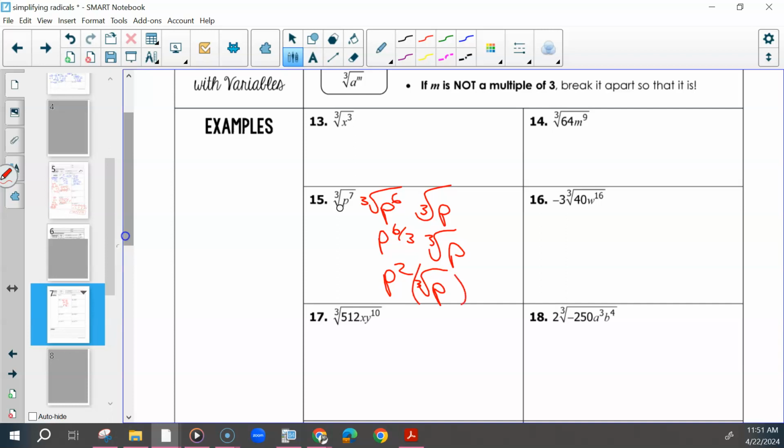Or you could have looked at the original. 3 goes into 7 how many times? Twice with 1 left over. Or if you were to expand it, 5, 6, 7. I'm looking for groups of 3.